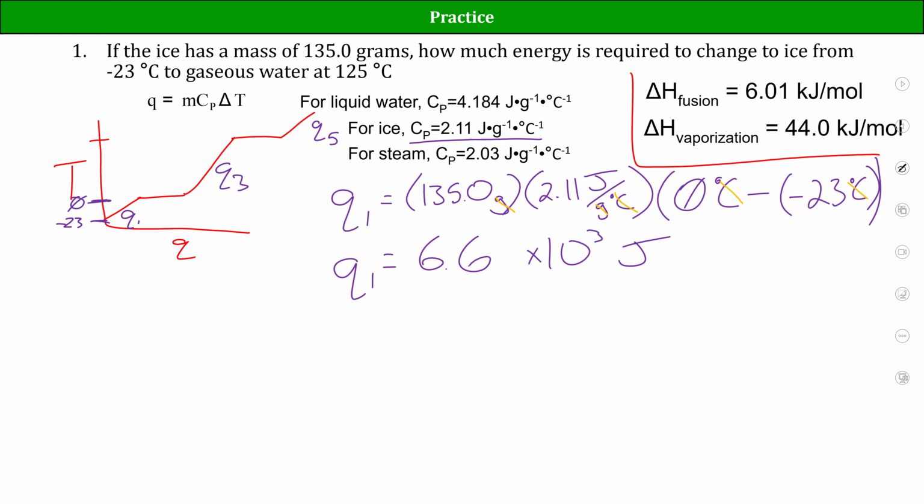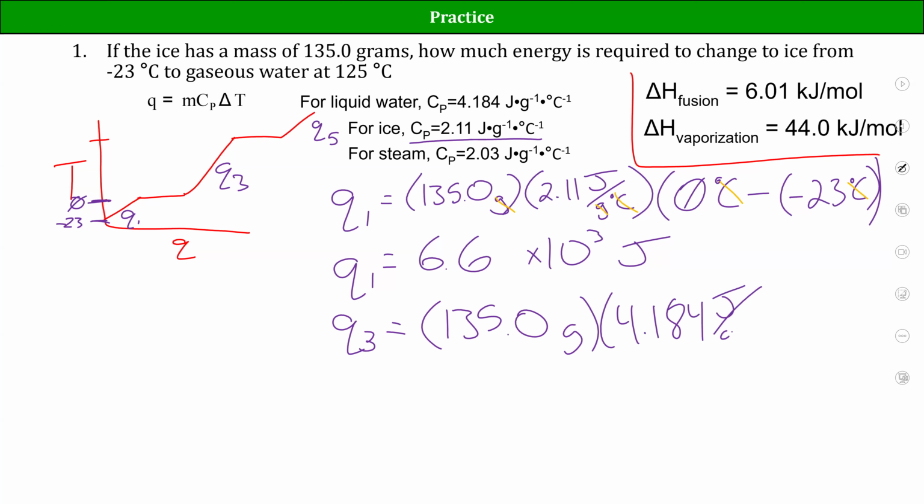For Q3, mass stays the same. We got a different specific heat and a different delta T, right? We're going from 0 to 100. So 135.0 grams, 4.184 joules per gram degree Celsius.